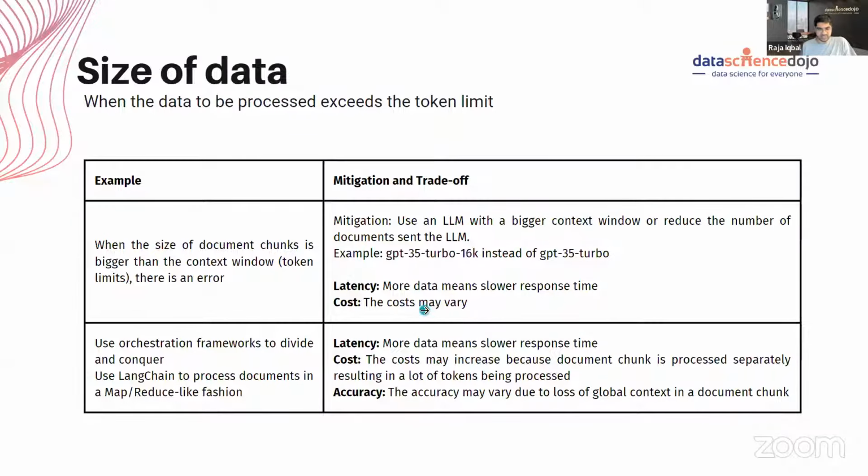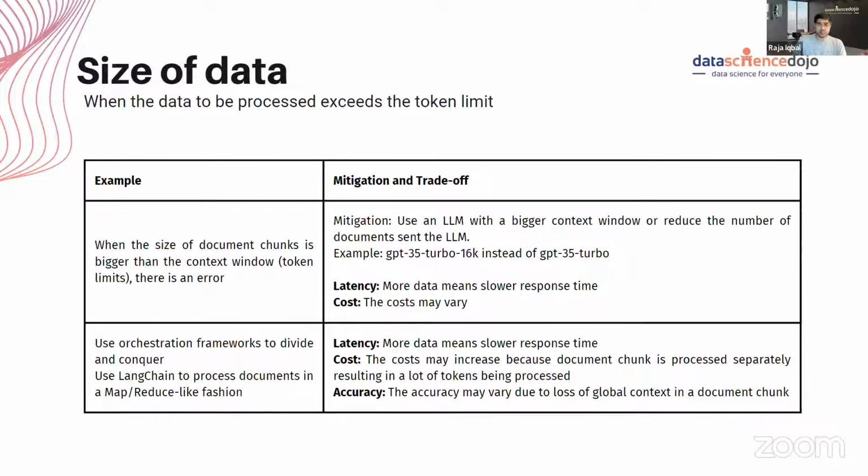Depending upon how much data was sent, because it all comes down to how many tokens were processed, right? The other thing is, you can also use an orchestration framework to divide and conquer, right? So instead of sending all 20 documents or all 100 documents, or rather document chunks, to the large language model, maybe send them 20 at a time, and 20 at a time, and 20 at a time, and then use orchestration frameworks like LangChain and bring back the results and recursively, just like in a MapReduce fashion, combine them.